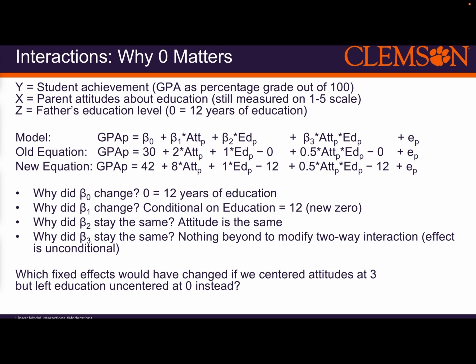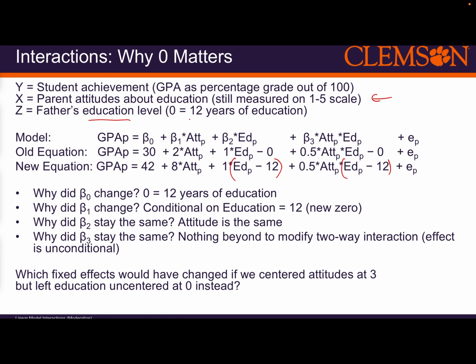All right, so let's see what happens when we move the 0 point. Let's imagine we don't center attitude, so we leave this untouched, but instead we center education level at 12. So in this case, it's like saying we are taking education minus 12.